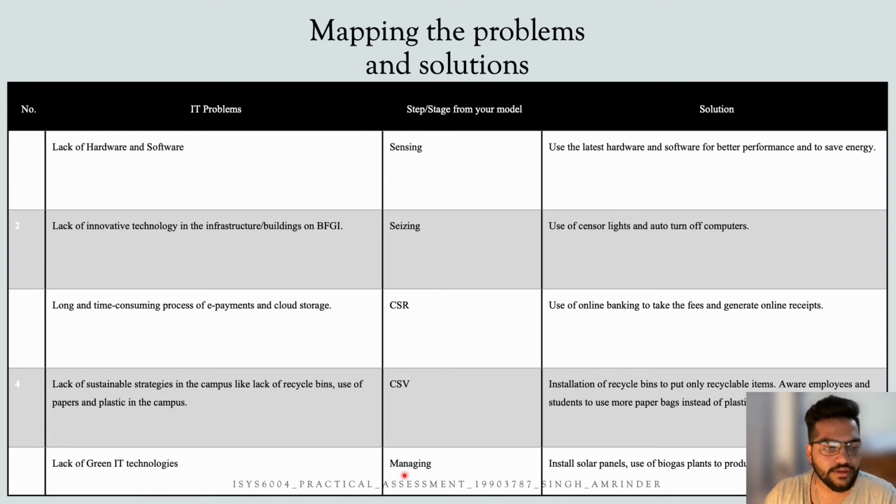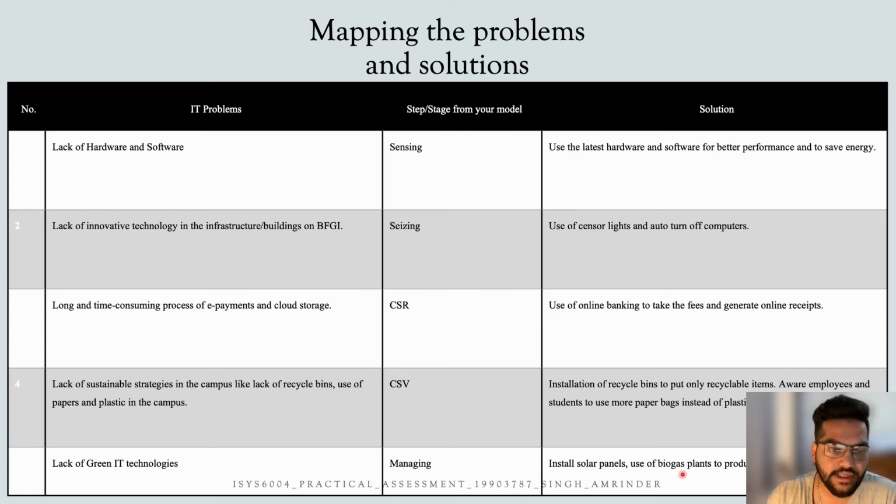I also found this problem by using the TEAS model, and as this college is in a rural area, there are many empty fields around, so the installation of solar panels will be easy and more beneficial, and they can install these solar panels on the top of the buildings also.